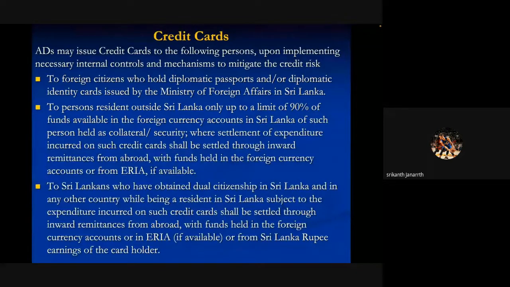Though I have Australian citizenship, I am dual. Last 5 years I am here. I want a credit card. So you can give a credit card. He can spend, and whatever income he generates locally, he can repay, or inward remittances he's getting from foreign pension or whatever, he can repay. So as far as he has some earnings, you can give a credit card. So these are exceptional situations, right?